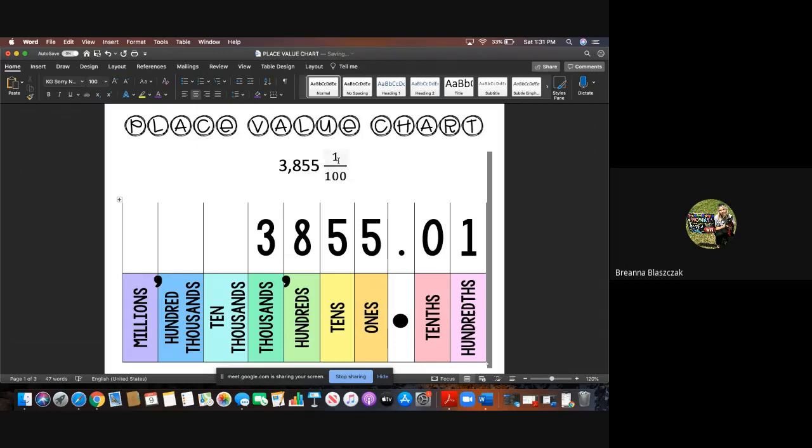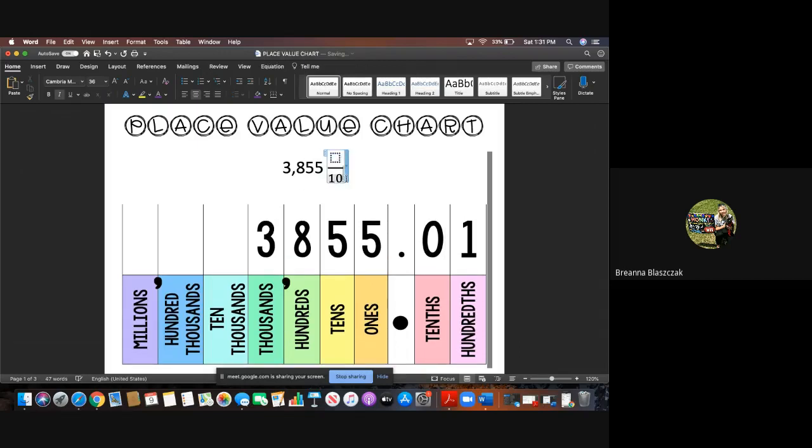And we can always try the opposite now. If you want to challenge yourself and give yourself a decimal and change that into a fraction instead. So let's say my decimal is going to be this.